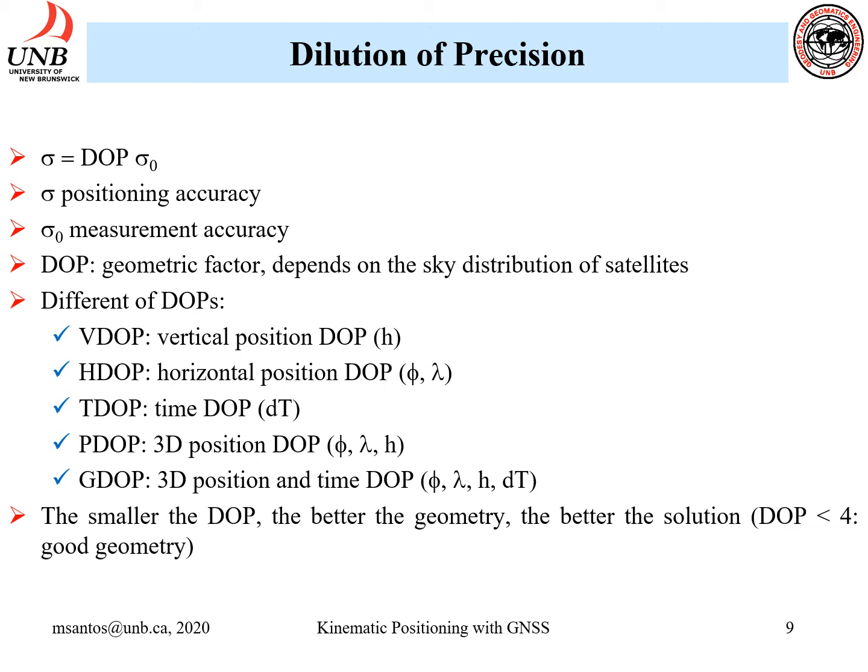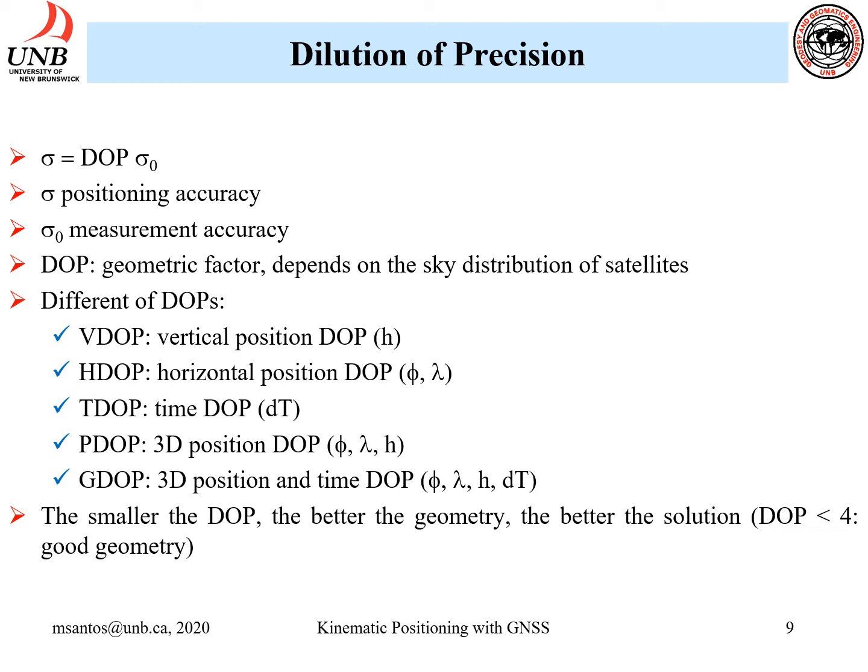So in the very first equation, we can see that the DOP is increasing the measurement accuracy. If DOP equals 1, the positioning accuracy will be equal to the measurement accuracy. But if DOP grows in value, it indicates that the geometry is getting worse.